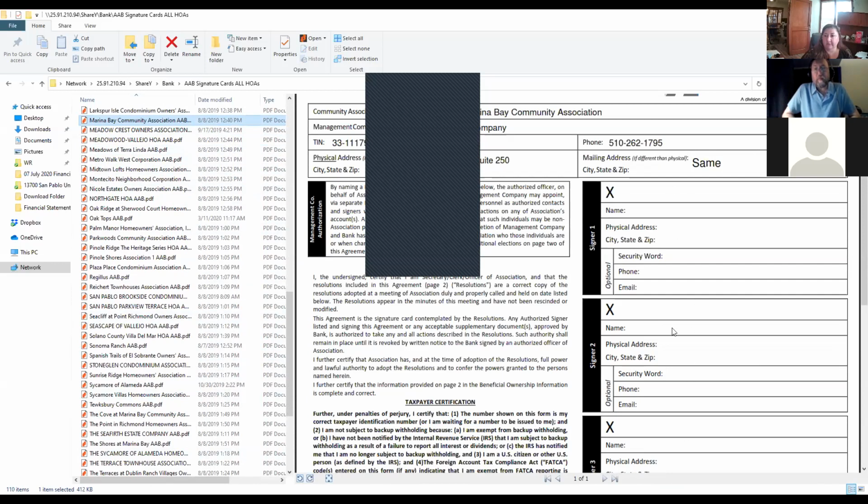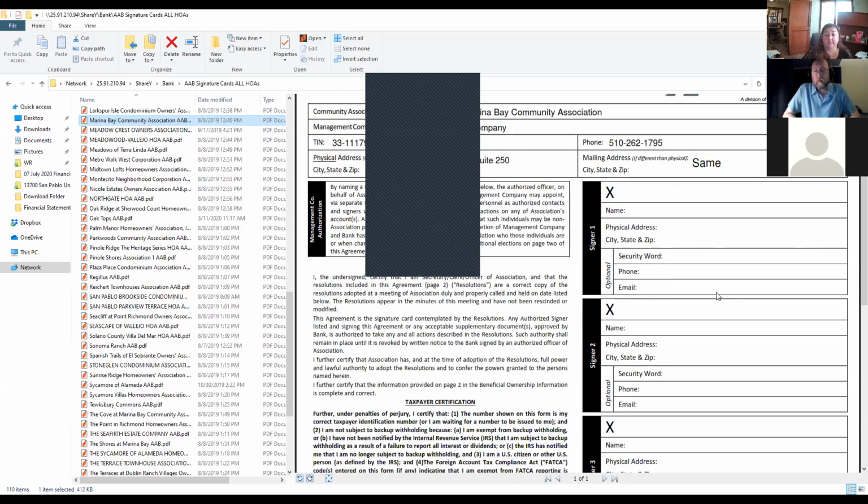And then just simply over here, the signature, their name, and their physical address. They absolutely must include an address. They don't need to include a security word, phone number, email. That's totally optional, but a lot of board members have decided to put that there. So yeah, you just grab this from the OneDrive under the bank folder, and then have them fill that out.